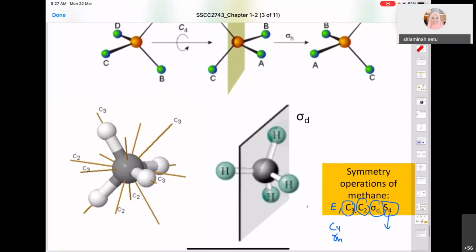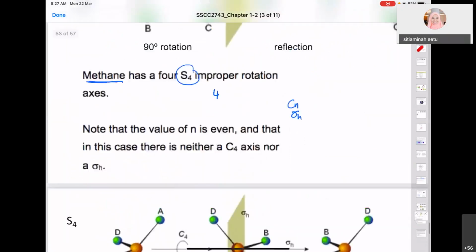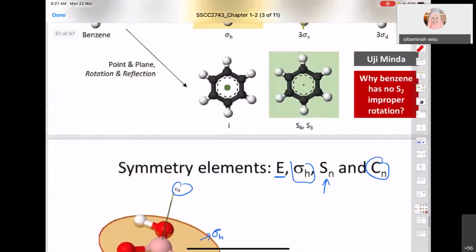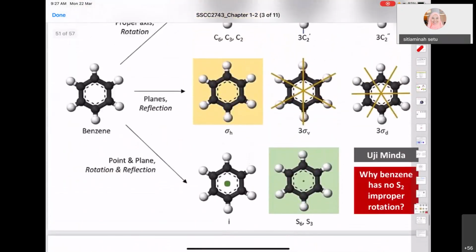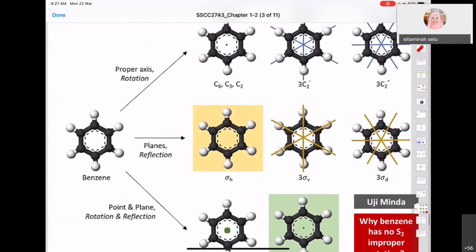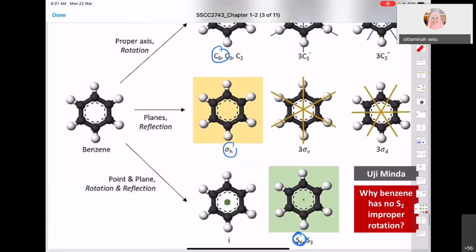So dia tak ada pun C4 dengan sigma H. Tapi boleh juga molekul, kalau kita tengok balik benzene, benzene dia ada S6, 6 ni nombor genap kan. So dia boleh juga ada C6 dengan sigma H. So tu adalah maksud dia.